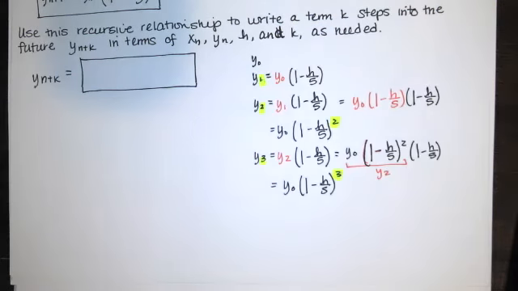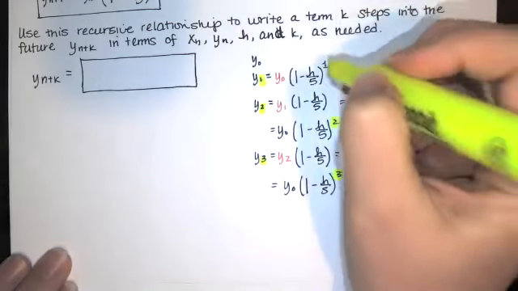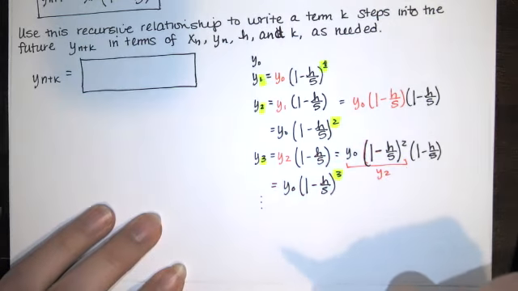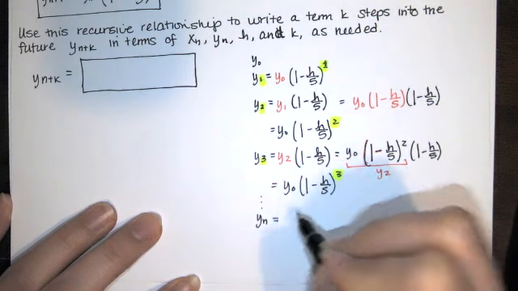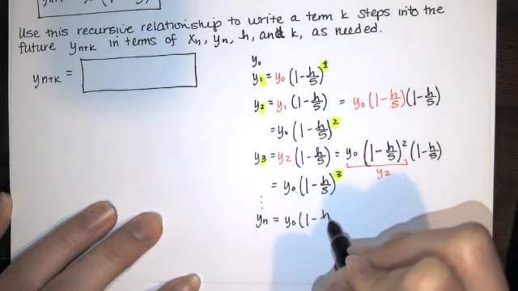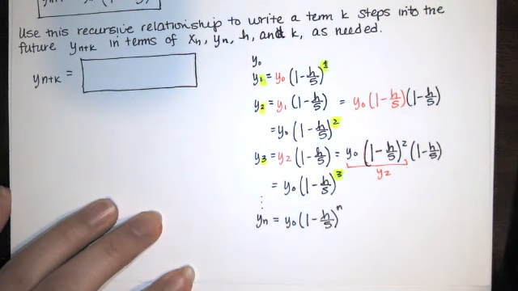Y sub 1 has a factor of 1 minus h over 5 to the first. So with that, we see that y sub n is equal to y sub 0 times 1 minus h over 5 to the nth power.